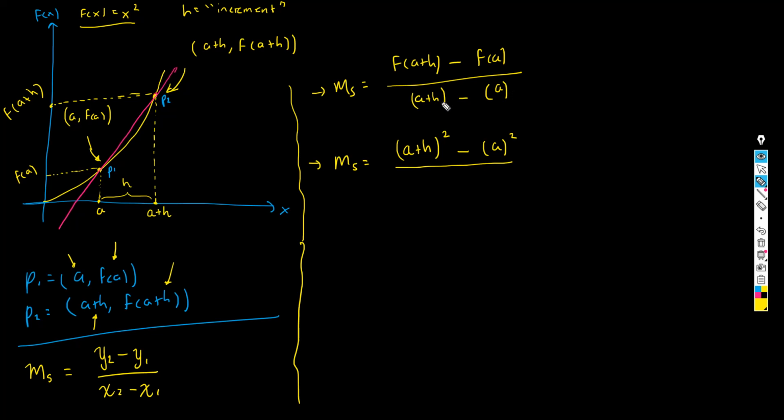And when you reduce this, this a will be canceled with this minus a, right? Because you have a minus there. You have this a plus h minus a, and this a with this minus a will amount to 0. Can you see that? And basically what we're going to have is the h alone.